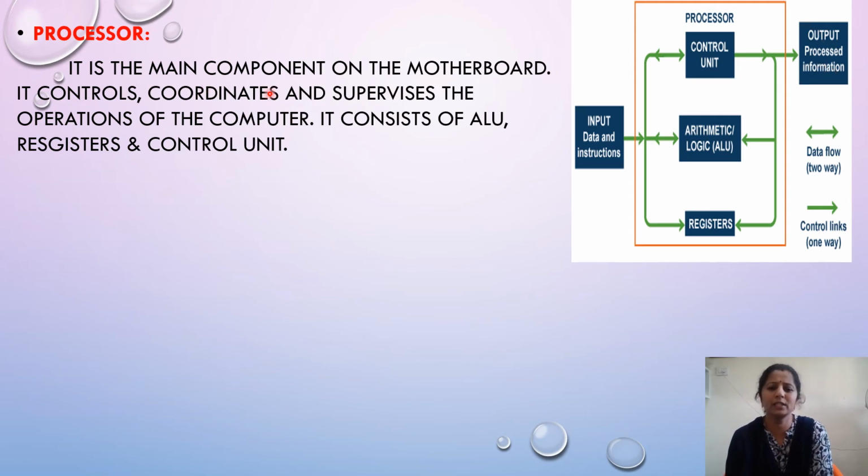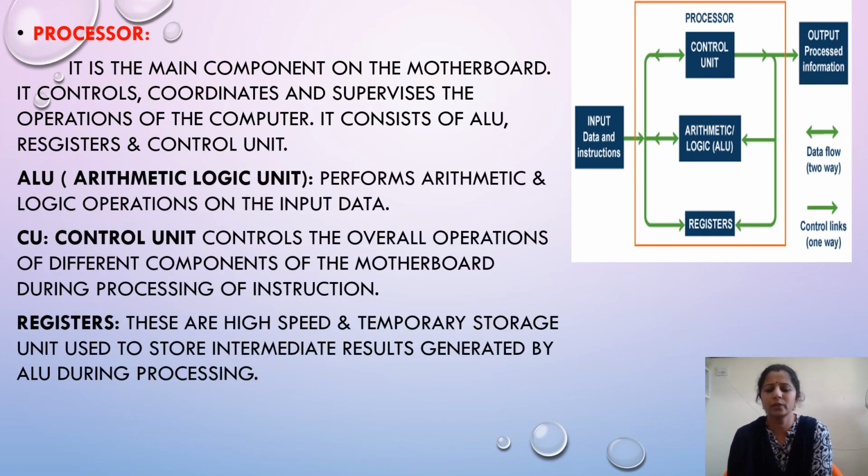The same thing, it is a main component of the motherboard. It controls, coordinates and supervises the operations of the computer. It contains how many components? 3 components: ALU, control unit and register. ALU performs arithmetic logic operations on input data.